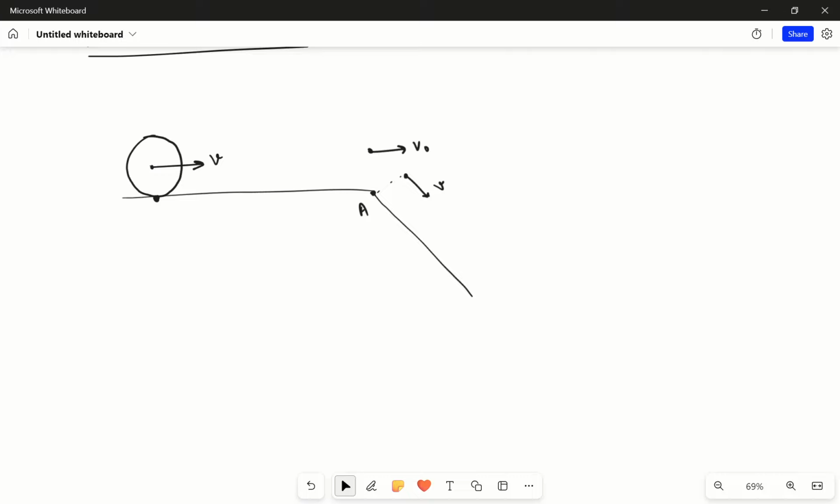So we can calculate the moment of inertia of the cylinder about this point. It would be equal to mr square by 2 plus mr square, so it is equal to 3 mr square by 2.